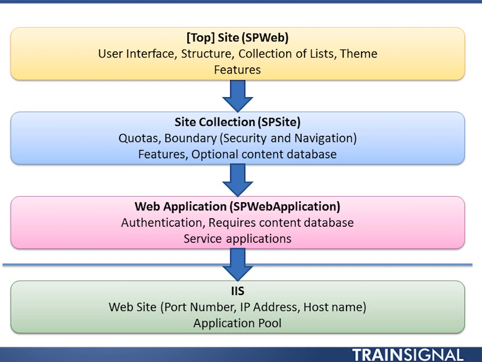Also, at the web application level, that's where I can configure my different service applications. And then finally, down at the very bottom in IIS is my website. And I can create my different websites based on the port number, the IP address, and the host name. And my websites will go into application pools.